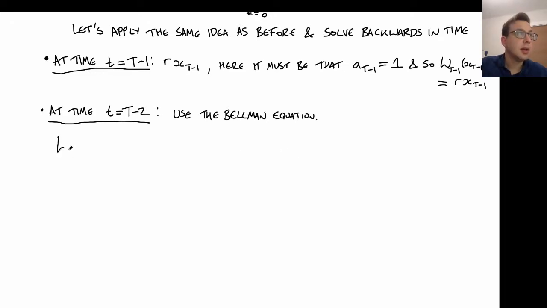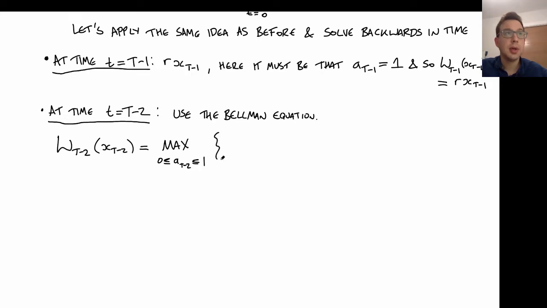If we're looking for the optimal reward at time t minus 2, it's going to be to maximize the consumption at time t minus 2 plus the reward that I receive.